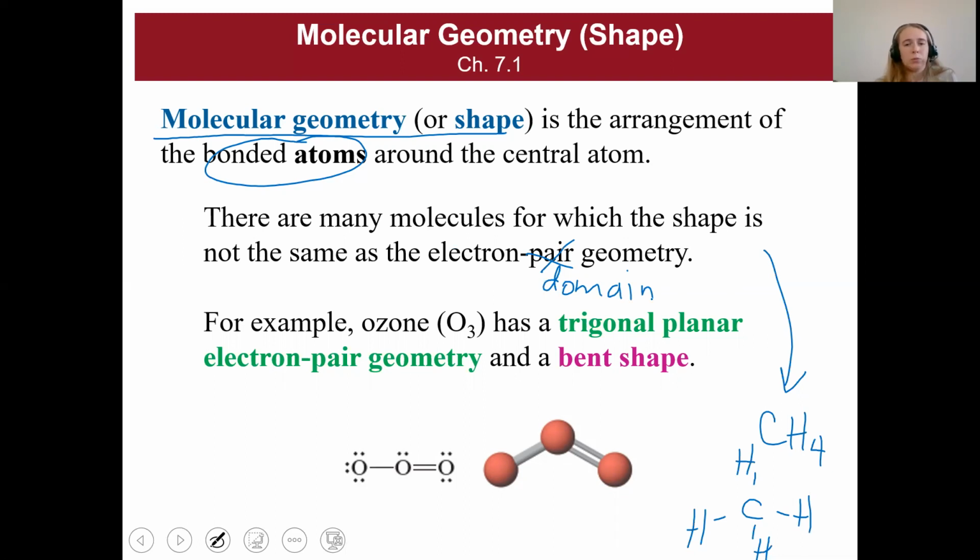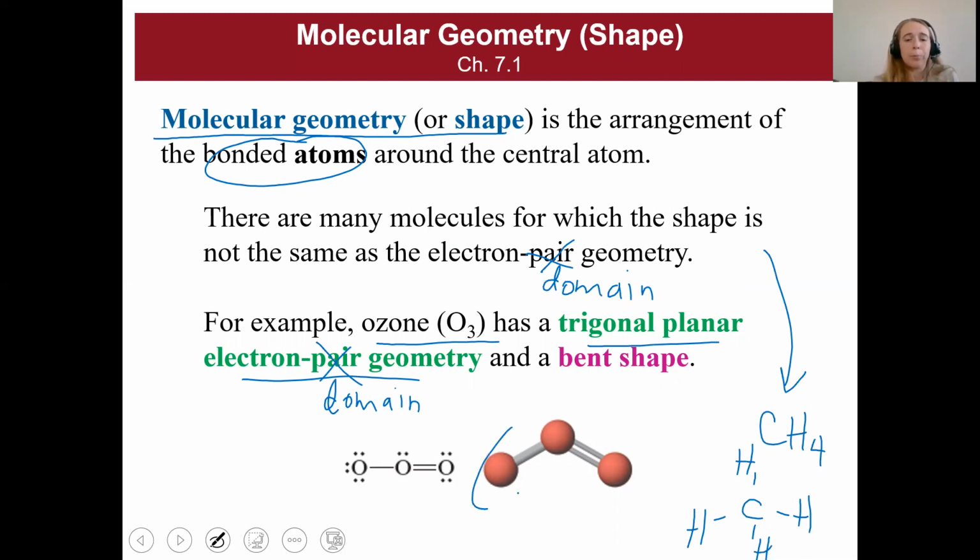So for example, here's an example where they're different. Ozone, we've seen ozone a few times now, O3, has a trigonal planar electron pair or electron domain geometry. We'll often use either term sometimes, and a bent shape.